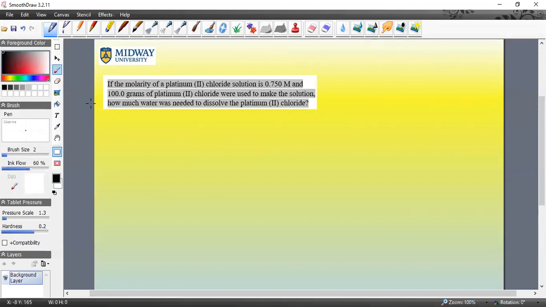And the question reads, if the molarity of a platinum 2-chloride solution is 0.750 molar and 100 grams of platinum chloride were used to make the solution, how much water was needed to dissolve the platinum chloride? Now, first thing first, if you read just the way I read, it's perfectly fine if you understood the concept.